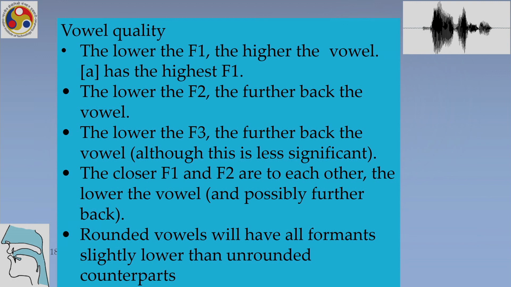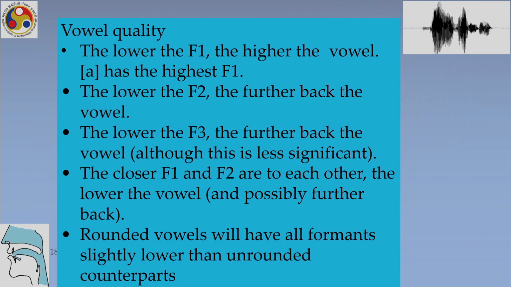If the vowel is low, the F1 will be very high, and if the vowel is back, the F2 will be lower. The lower the F3, the further back the vowel, although we don't use this consistently. And F1 and F2 closer to each other means that it's a low vowel and also a back vowel.